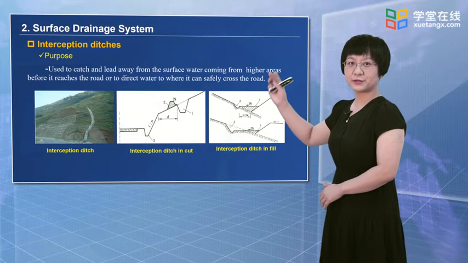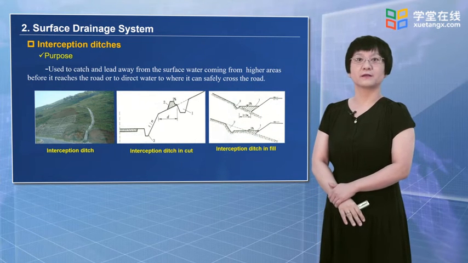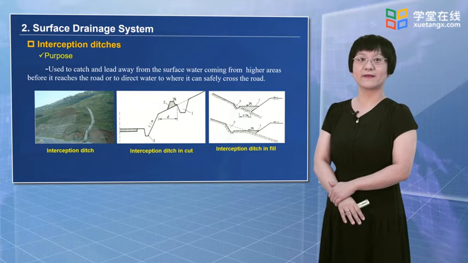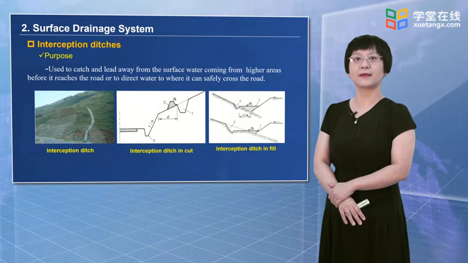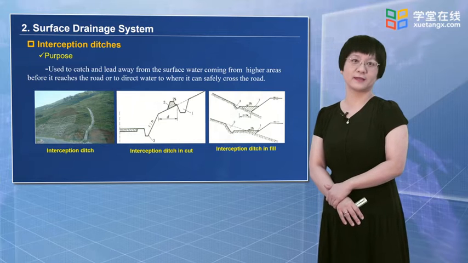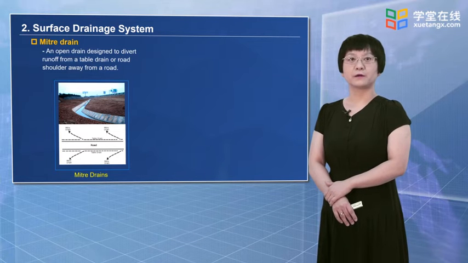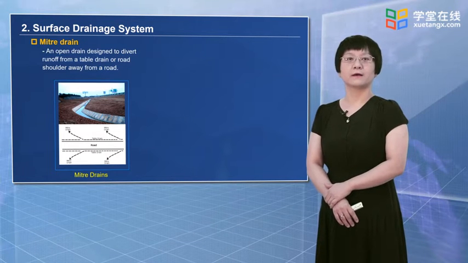Interception ditches usually have a trapezoidal cross-section, and the excavated material should always be deposited on the downhill side of the ditch. Third, mitre drain. A mitre drain is also called an offshoot drain, which is an open drain designed to divert runoff from a drain or road shoulder away from a road.